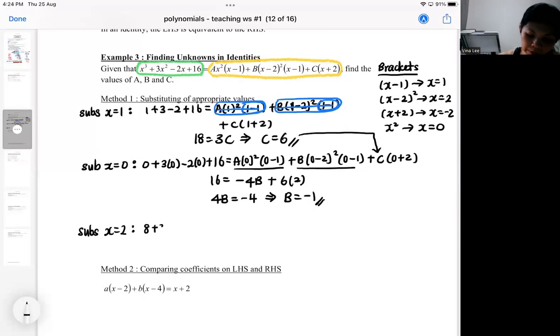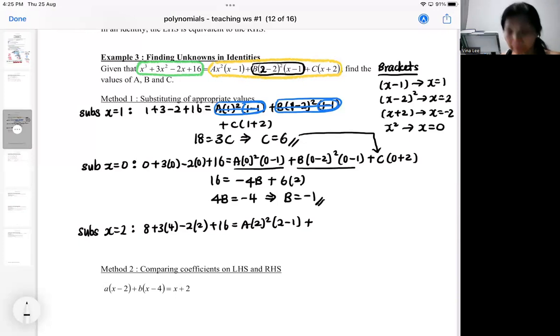On the left side, sub the 2. On the right side, you also sub the 2. If you imagine you sub a 2 here, this thing will actually disappear because one of the brackets becomes a 0. So if you want to, you can just ignore it and use back the c that you have gotten.